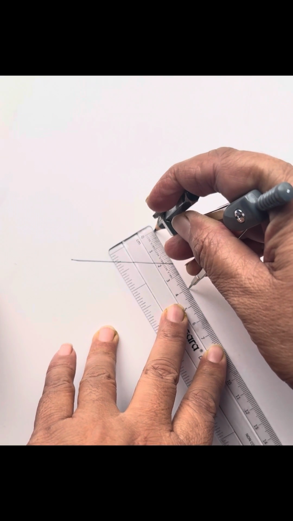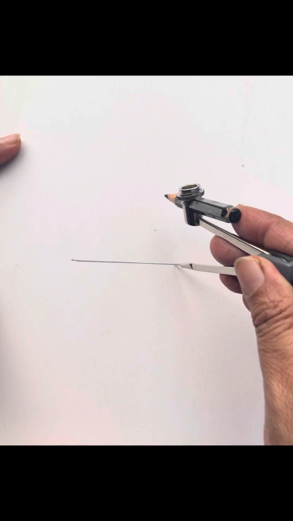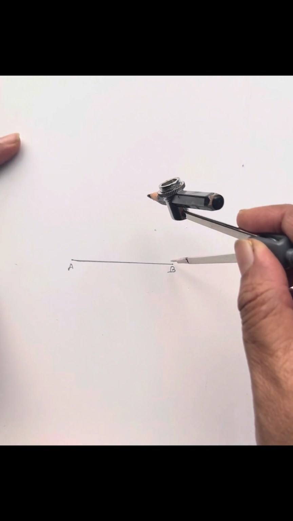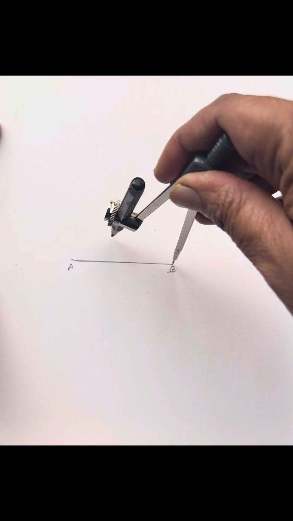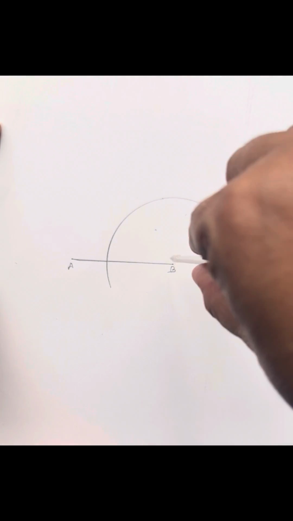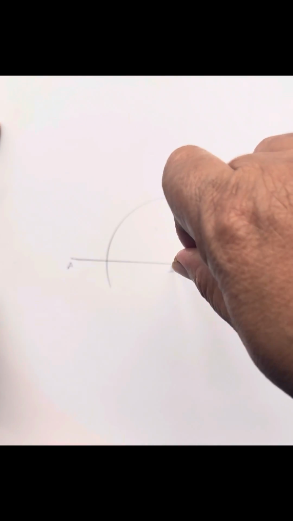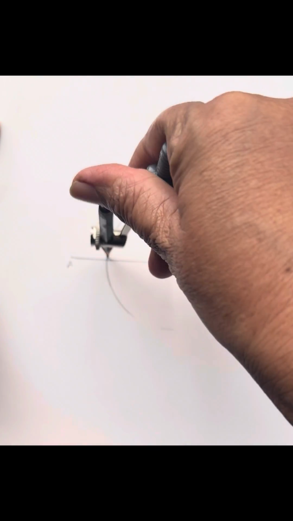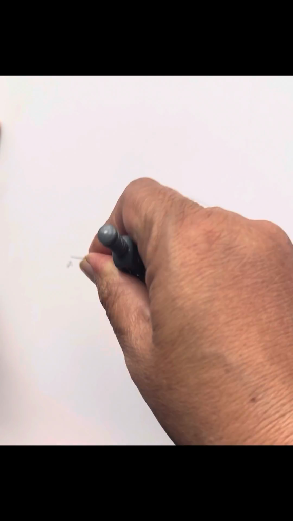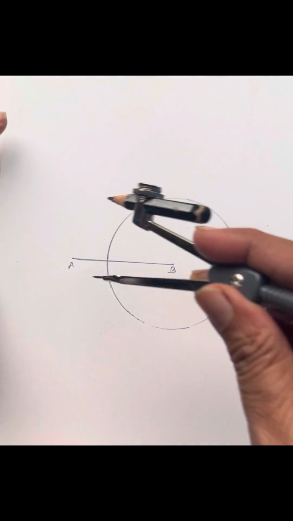So always it is better to take, so measure 4 centimeter, taking, I will first name them. So A, B, which is 6 centimeter. Now taking B as a center, draw a circle. Now it is not necessary that you draw a complete circle, you can even draw arcs so that both the arcs meet.